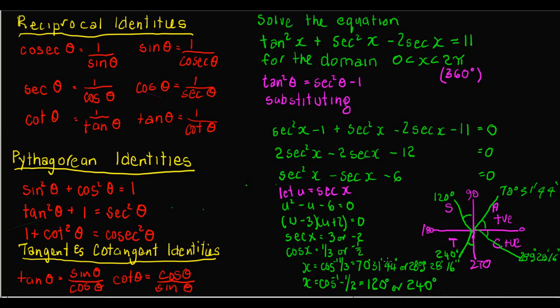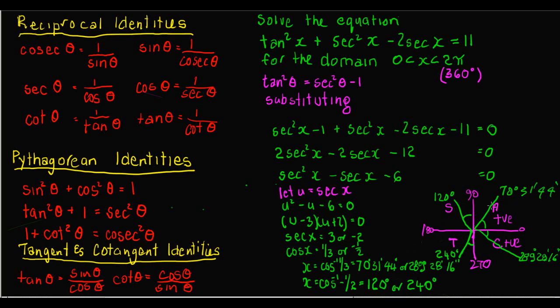But because our domain is 0 to 360 degrees, we must consider all the quadrants. We have this little mnemonic, which tells us which functions are positive in the various quadrants. Noting, of course, that our degrees in maths go from 0 here through 90, 180, 270, 360, which is somewhat different to what we do with bearings and surveying.